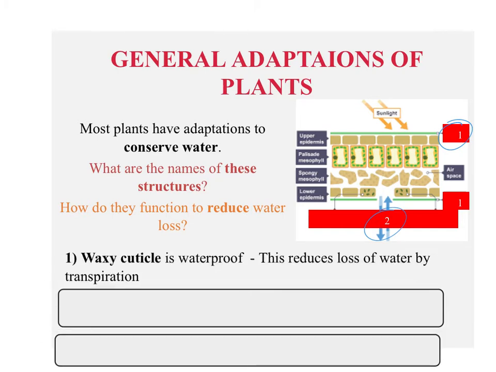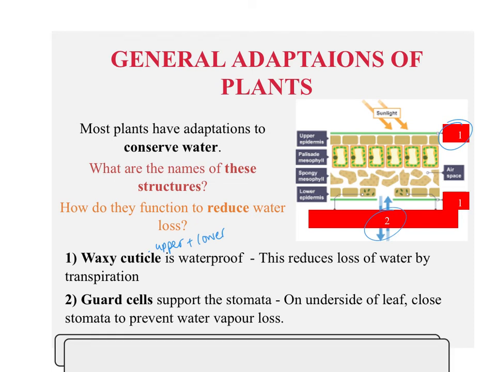So the first one shows the waxy cuticle. It's found on the upper and lower surfaces of the leaf. And what it is, is a waterproof layer that stops water being able to leave through the leaf surface through transpiration. So it means that water loss can only occur out of those stomatal pores, which is where our second adaptation is.